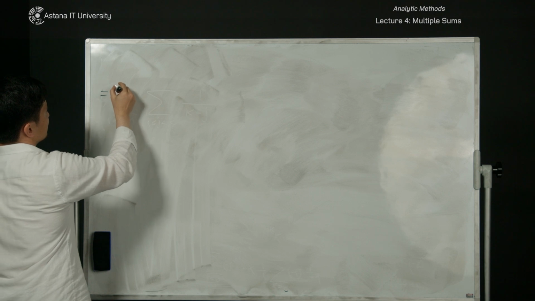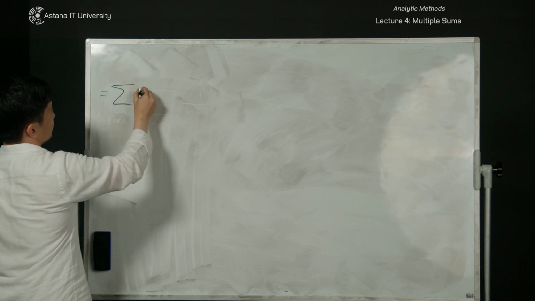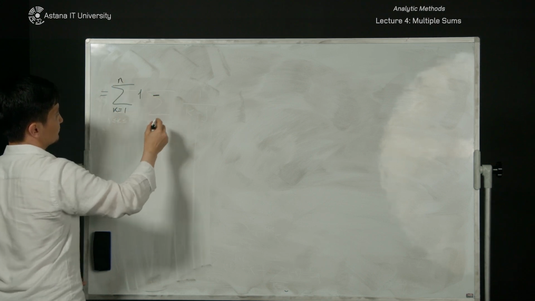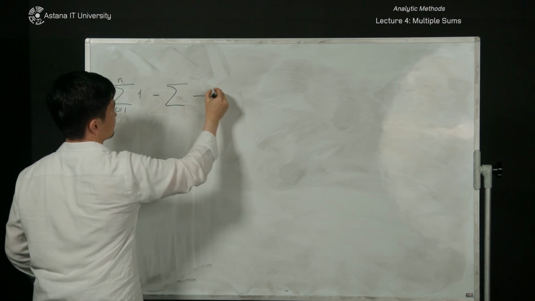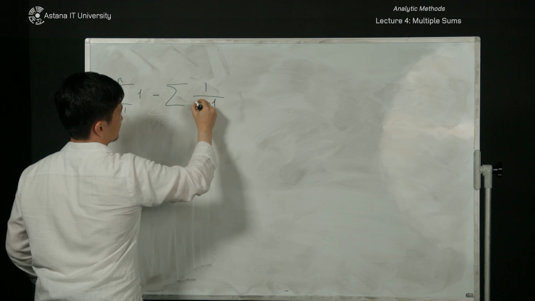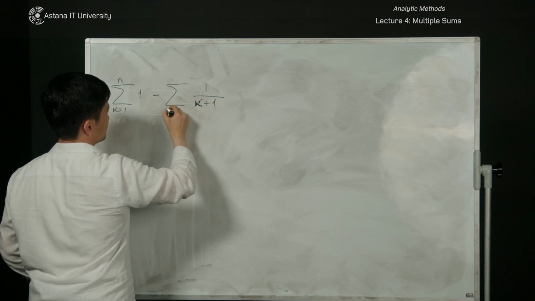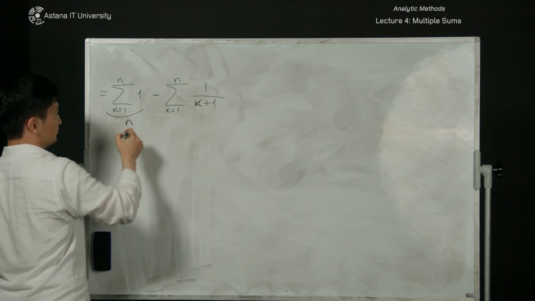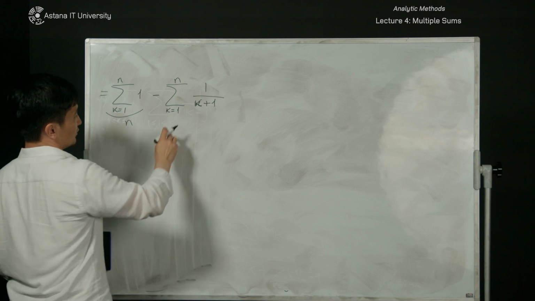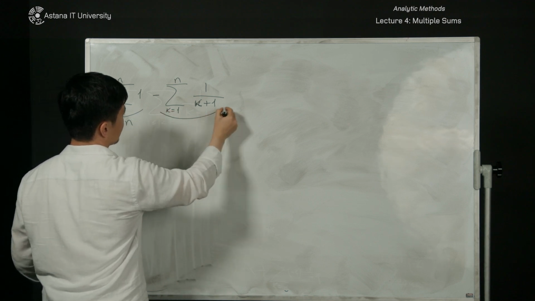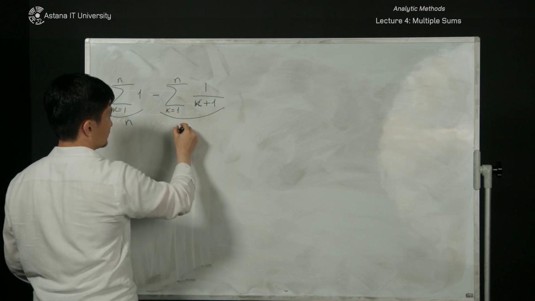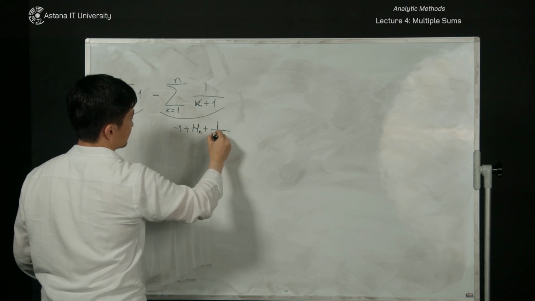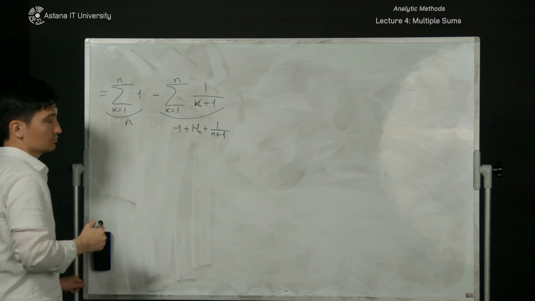Let's keep it for now like this. So this was equal to n. And this one we transform to be minus 1 plus hn plus 1 over n plus 1.